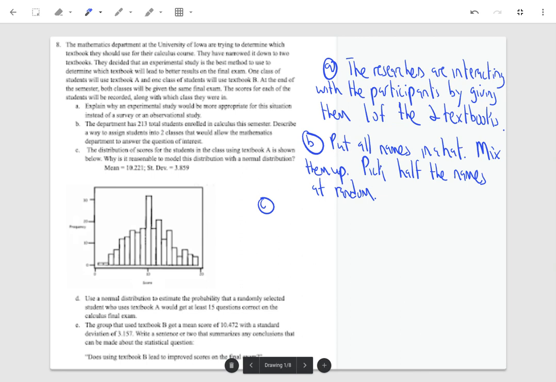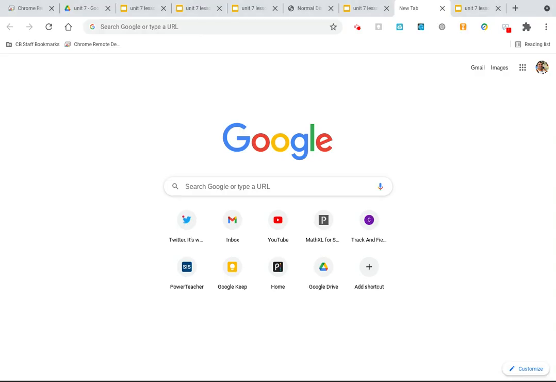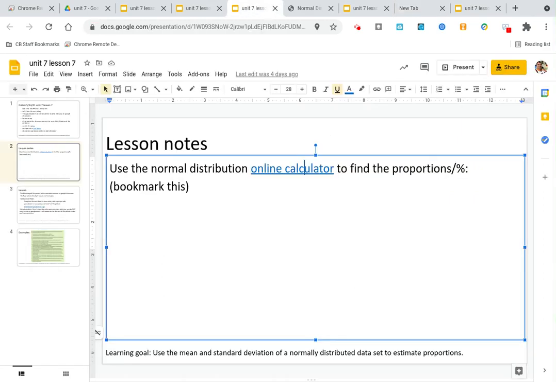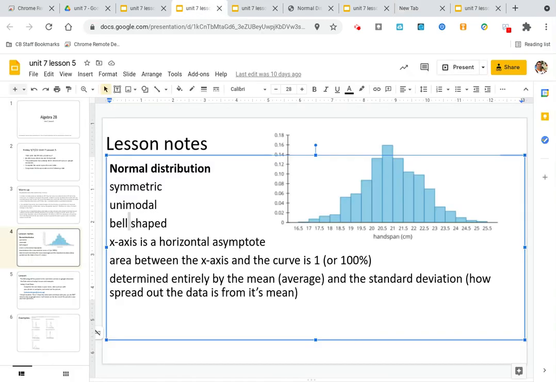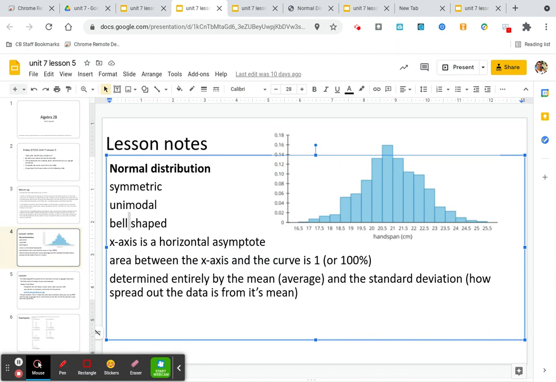C, the distribution of scores for the students in the class using textbook A is shown below. Why is it reasonable to model this distribution with a normal distribution? Okay, so if we go back to our notes on the normal distribution from lesson 5, we have to ask ourselves these questions.